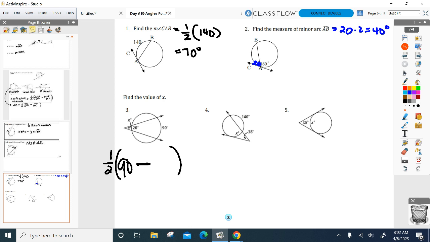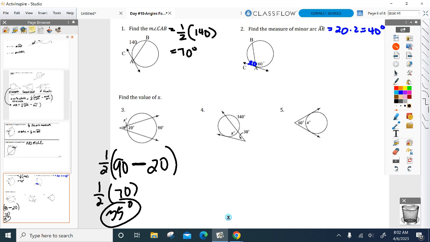You're correct. I didn't go over that well at all. When I say major minus minor, it's the arcs in between the angle. Whatever the arcs are right in between it. So minus 20, yep. So I'm going to take half of 70, 35 degrees for angle X. All right, ready for 4?